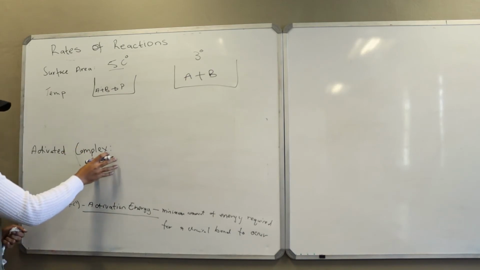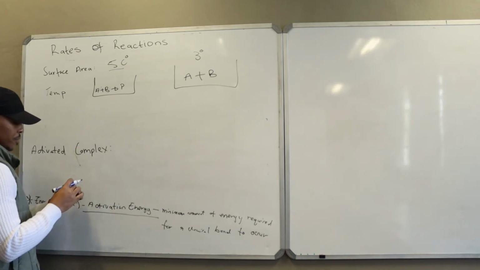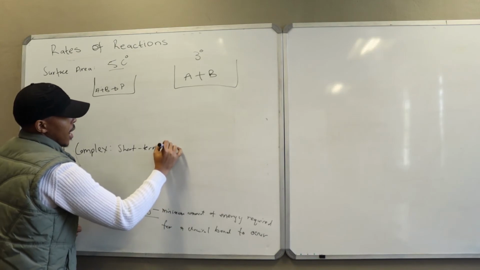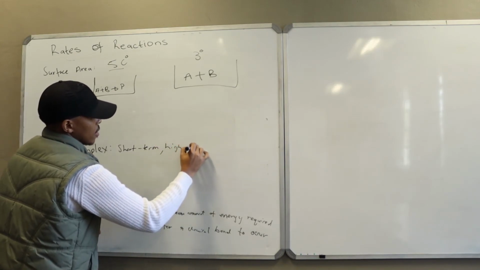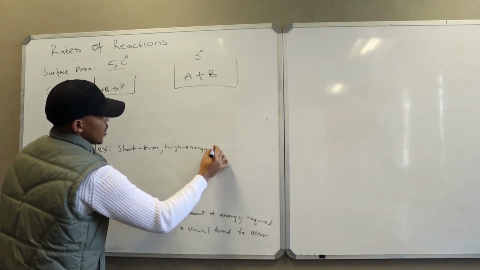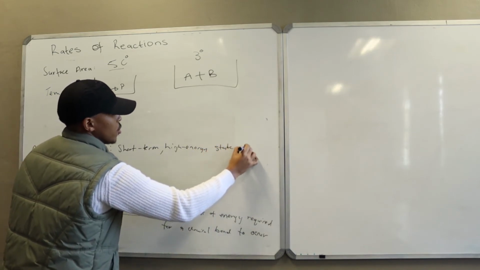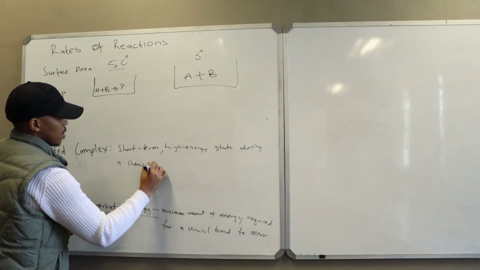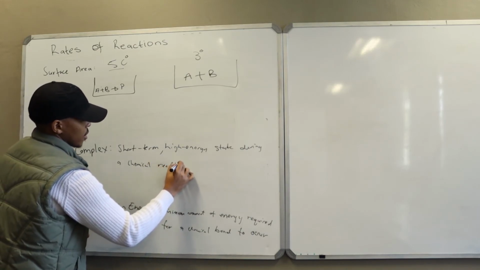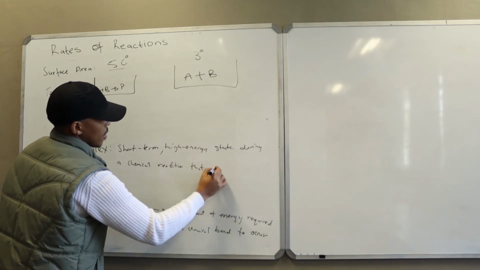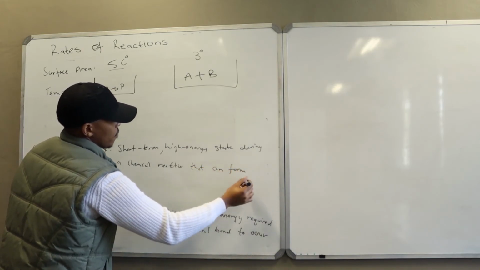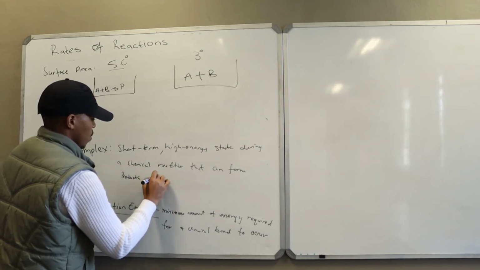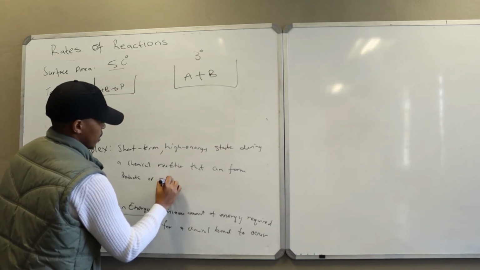Well, the activated complex is defined like this: a short-term, high-energy state during a chemical reaction that can form products or reactants.